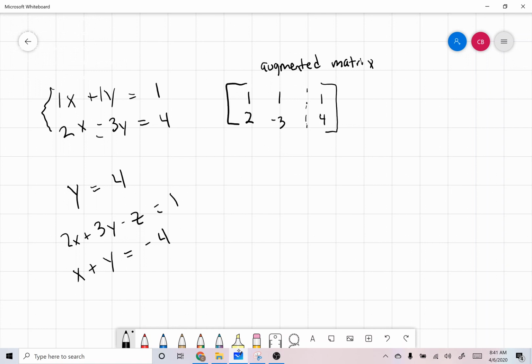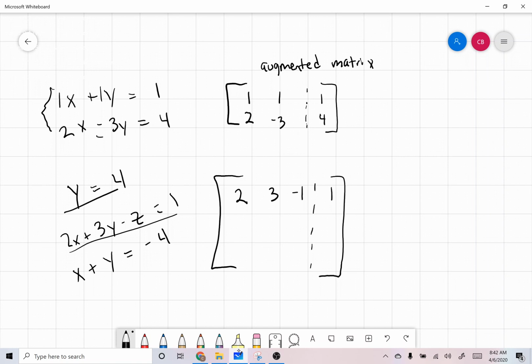If I wanted to do an augmented matrix for this one, it's 3 by 3 in this case. Let's do this equation first because that will be easiest. So we can write 2, 3, -1 for z, and 1. I've just taken the coefficient from each. This is x, this is y, this is z, this is what they're equal to.